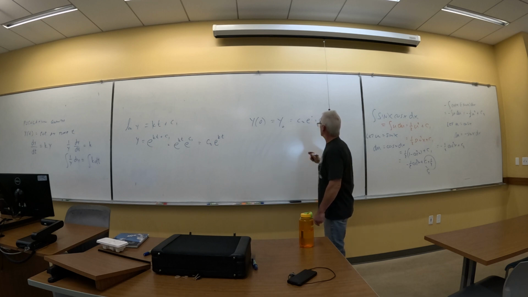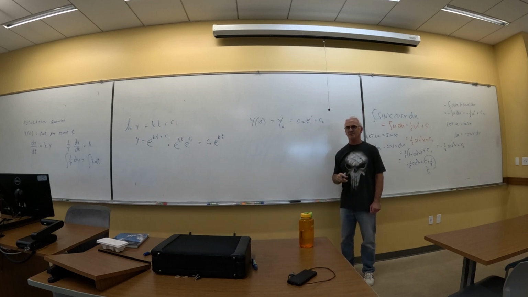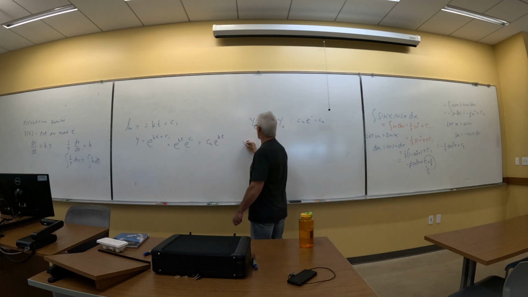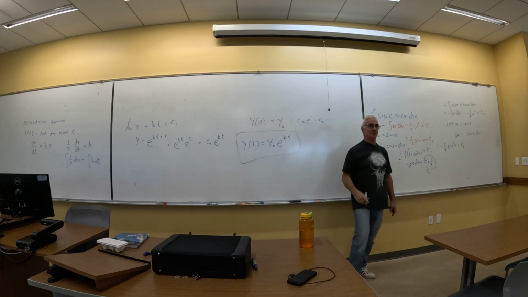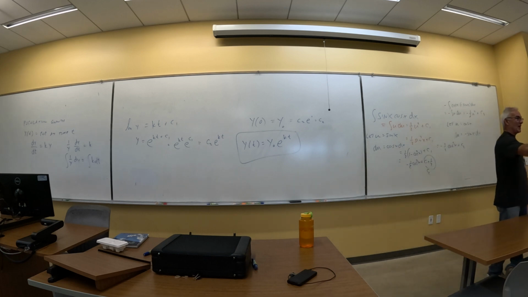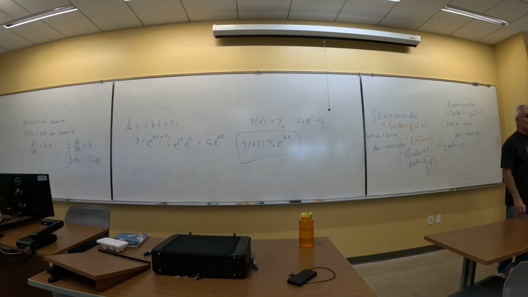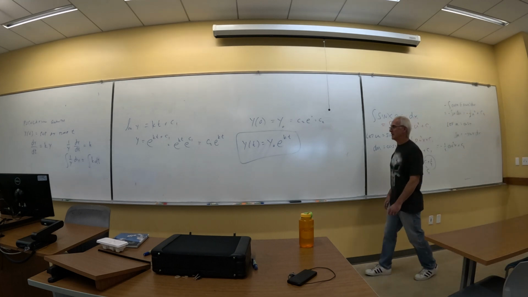Wait a minute, C2 is not an arbitrary constant at all. It's the initial population. Oh, which gives us the universal equation that we all use. This is how all populations grow. Not because I told you, this is why we know populations grow exponentially, because we just solved a simple differential equation. And what's even cooler is the initial population shows up right here.